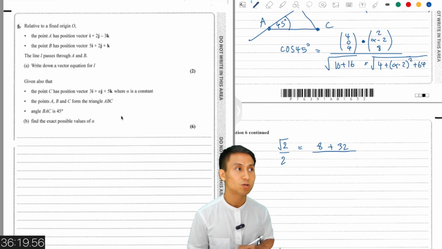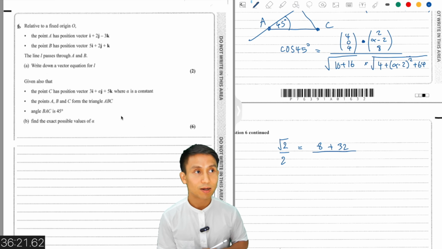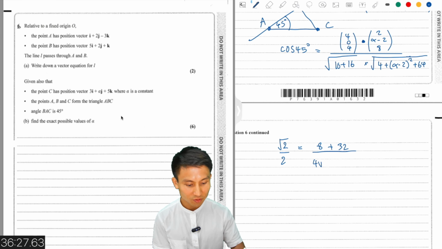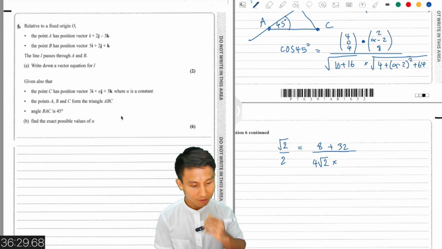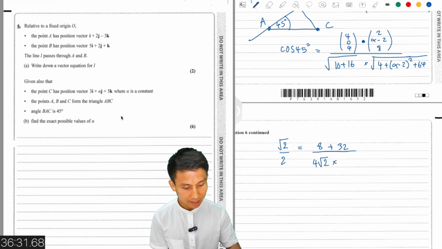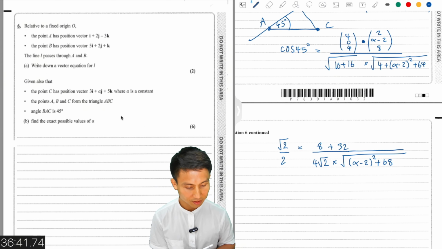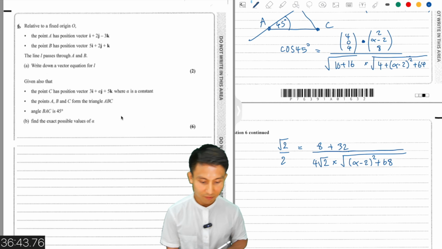And then this is root 32 here. So root 32 is basically 16 times 2, which is 4 root 2. And then multiply. Well, that's a little complicated there in the square root. So we have 68. I'm going to keep this as (alpha minus 2) squared plus 68 first, and hopefully that will simplify.